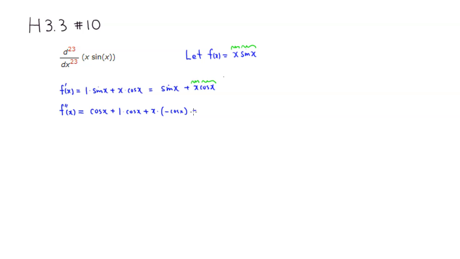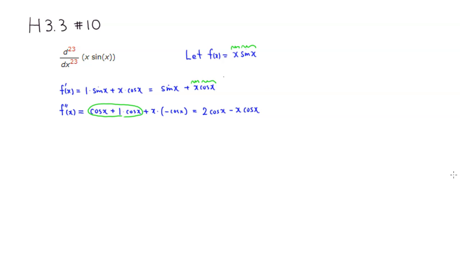So by combining cosine of x and another cosine of x, we're going to get 2 cosine of x, and then negative x cosine of x.